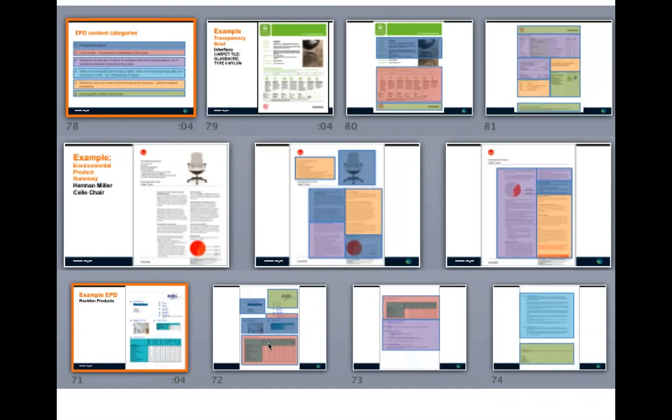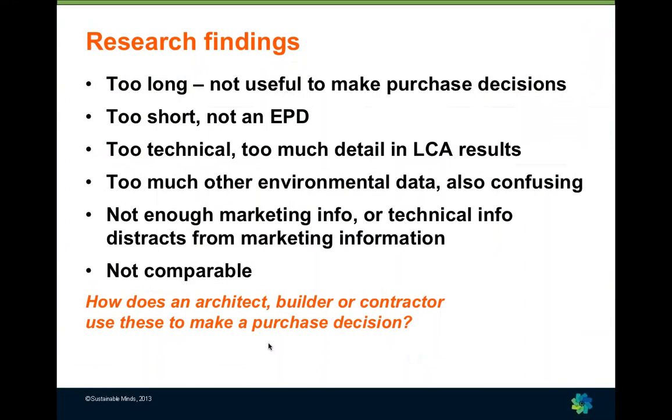And so to summarize our research findings, we said, most EPDs are just too long and not really useful to inform a purchase decision. The really short ones, with the exception of the Dutch EPD, if they were too short, they weren't EPDs.